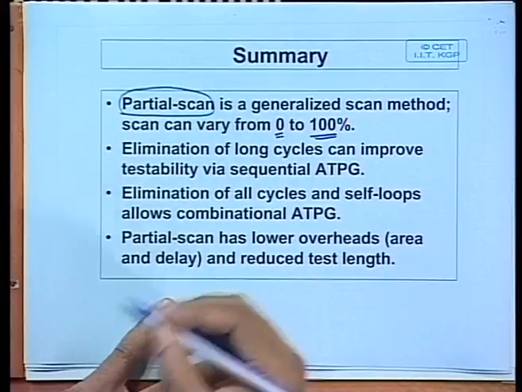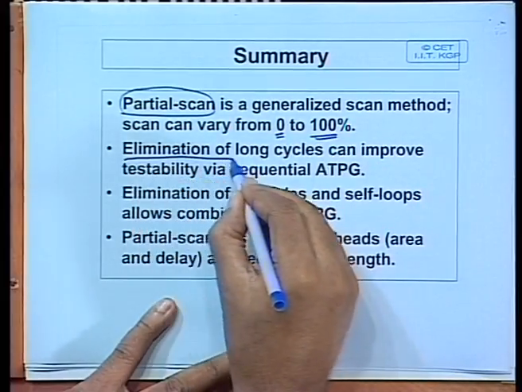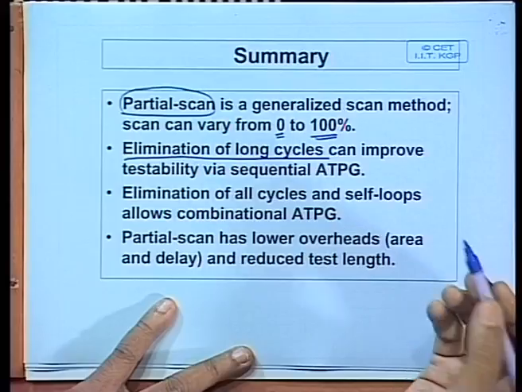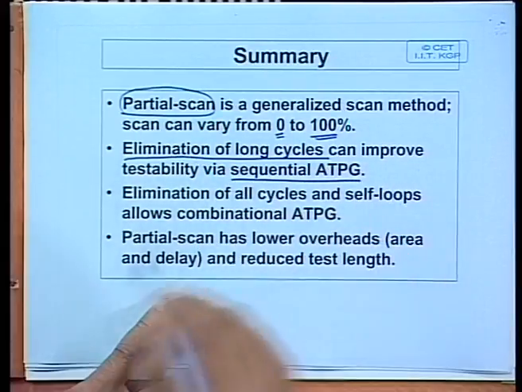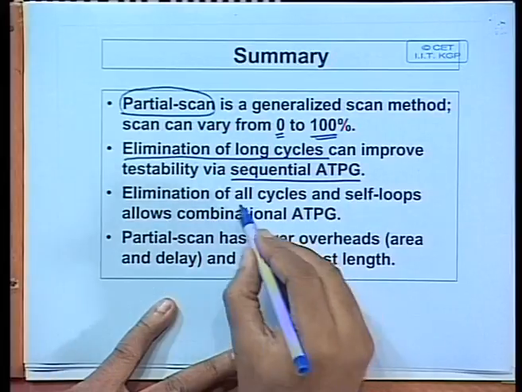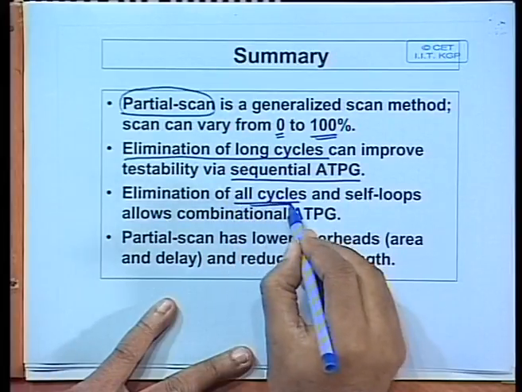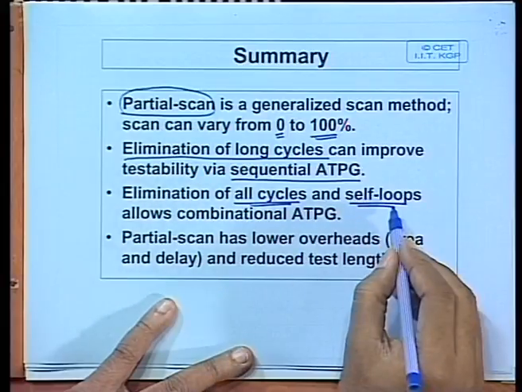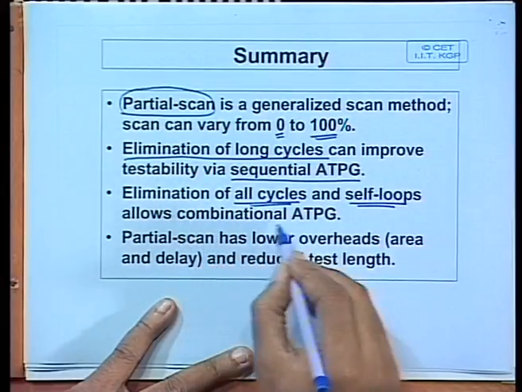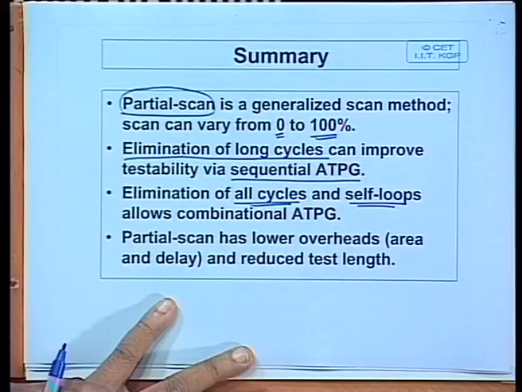So, depending on the circuit, the number of flip flops you need to scan can vary from none up to all. And elimination of long cycles in the flip flop paths, I told you, this improves the testability via sequential ATPG. You eliminate all cycles, eliminate all self loops. If you do this, then you can allow combinational ATPG also.